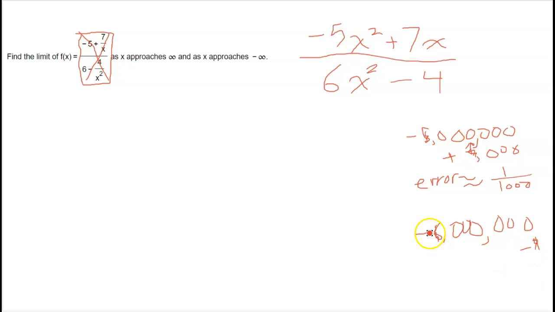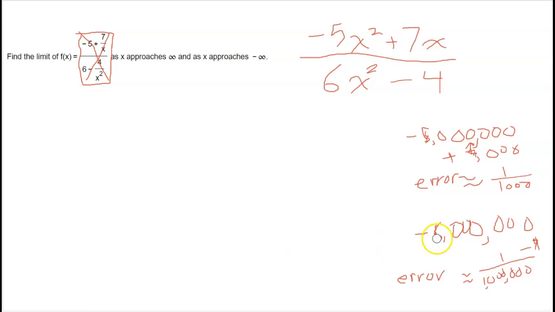If they were roughly the same number of millions versus units, well, this is units against millionths. So the error is around 1/1,000,000th. Basically, what we've got here is the top is no more than 1 out of 1,000 away from negative 5 million.